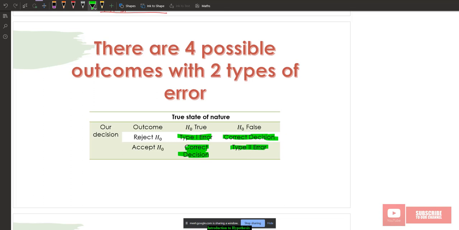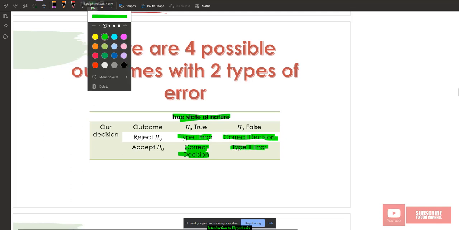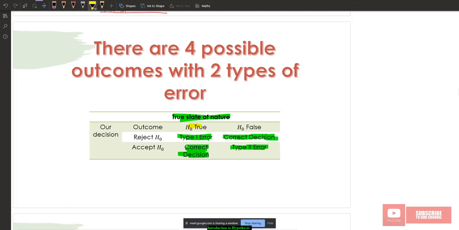Let's say the state of nature is that the null hypothesis is true. When the null hypothesis is true but we reject it, this is considered an error. What type of error? This is type 1 error. Type 1 error is alpha.